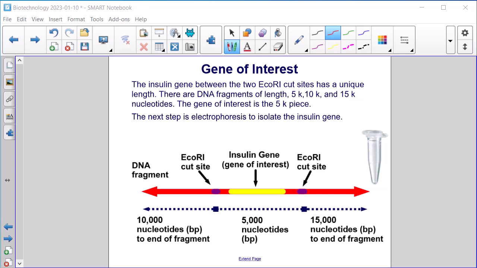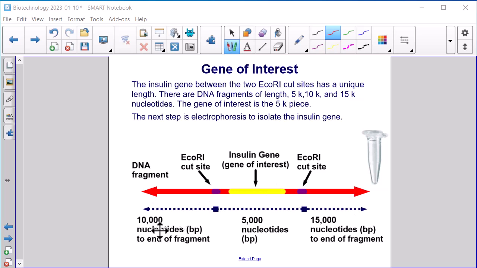So in the previous slide, we talked about how EcoR1 will make a staggered cut when it encounters a specific gene sequence. So that sequence occurs here and here where a cut is made. What happens on this gene of interest is we get these three pieces.